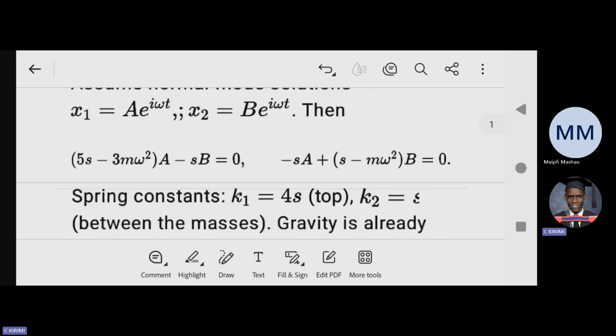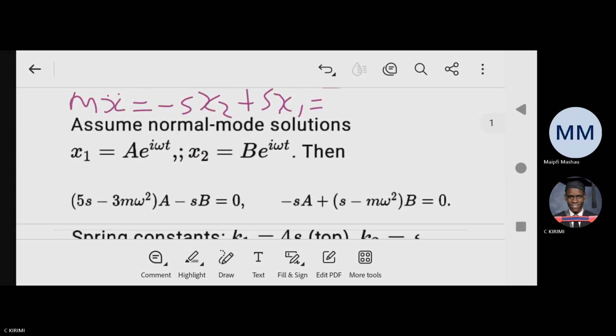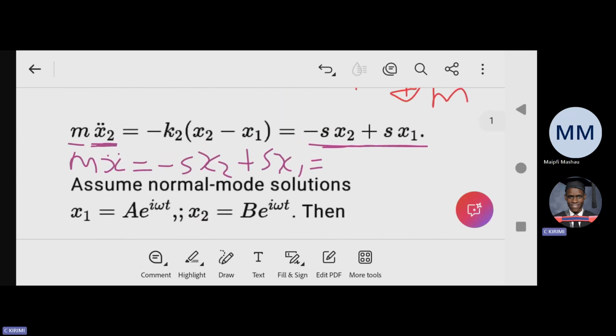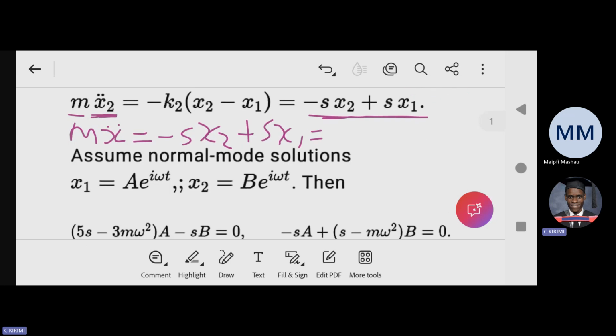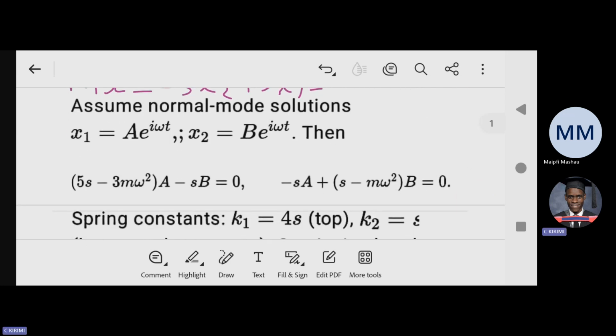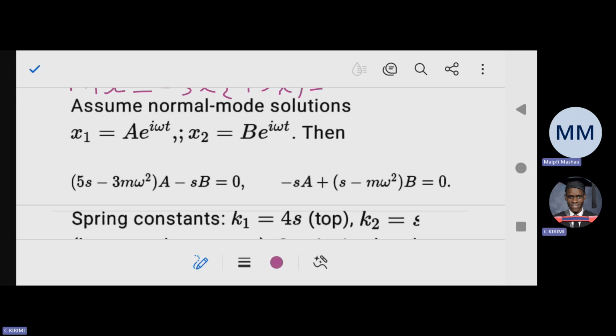What is x2 here? x2 is B e to the power what? e to the power i omega t. Yes, this one.